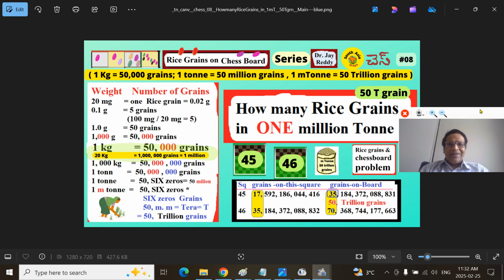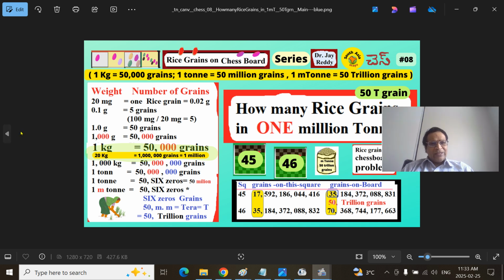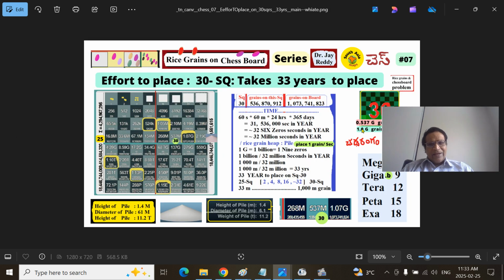That is the standard way of mentioning the harvest of grains like rice, wheat, corn, maize, sorghum, millets, and so on. If we take a million ton, how many rice grains do we have? We are assuming the weight of a rice grain is around 20 milligrams. That will be 50 trillion grains. This concept we will explore in the next presentation.